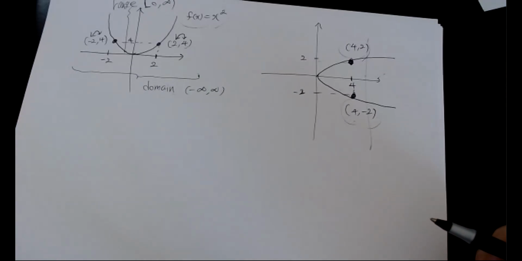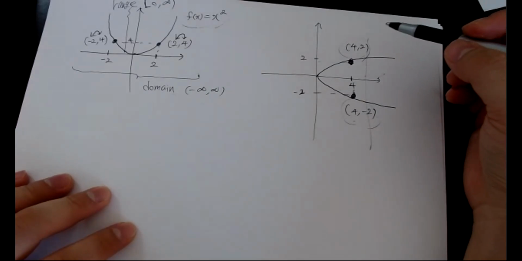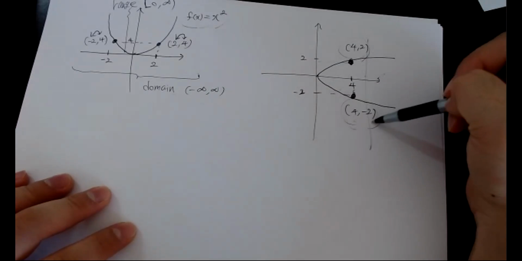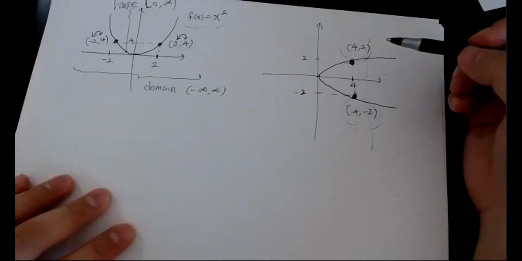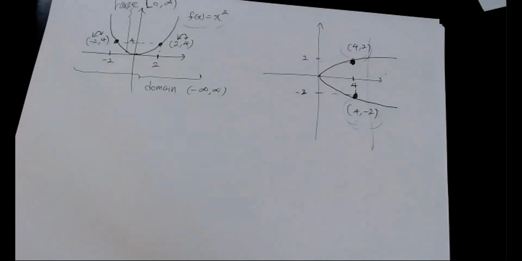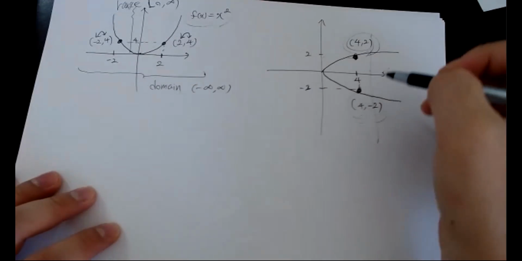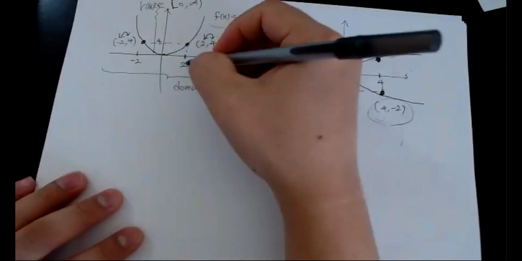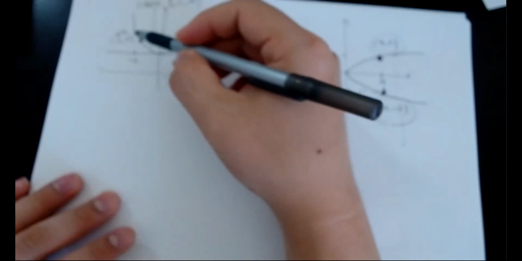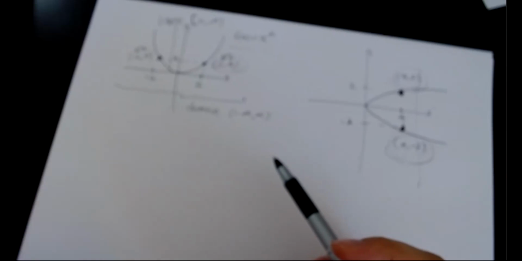Okay. But what if these two guys have... So how did we get (4, 2) and (4, -2)? Because of (2, 4) and (-2, 4). All right, so we got (4, 2) and (4, -2) from those 2 points, (2, 4) and (-2, 4).